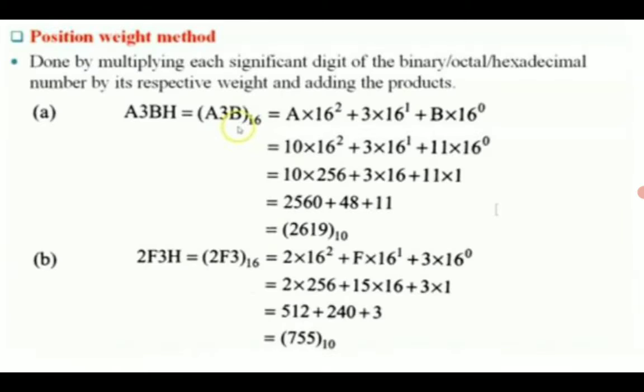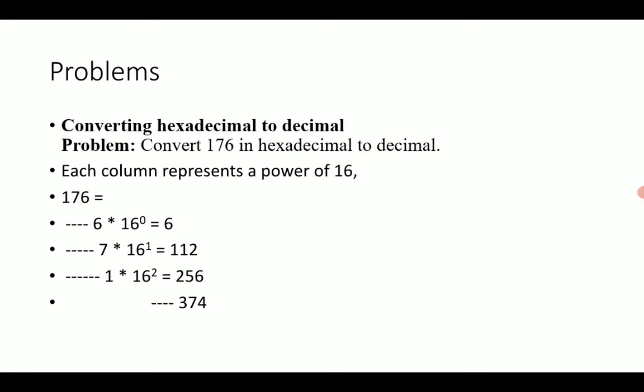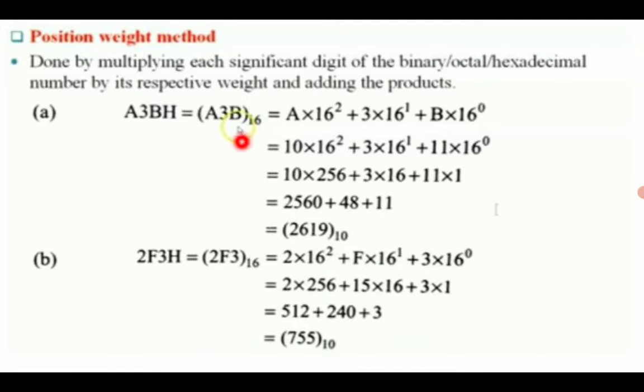Okay. So same thing, the conversion is done by multiplying the significant bit in the binary, octal and hexadecimal by the respective weights and adding the products. So if you want to convert it into the decimal system, you can also do it like this.